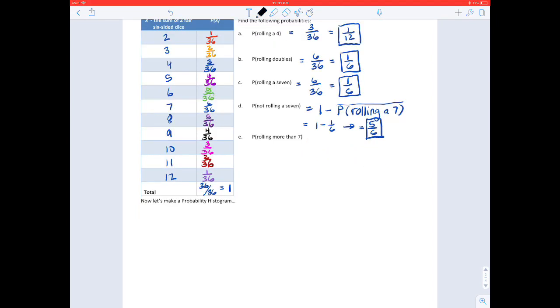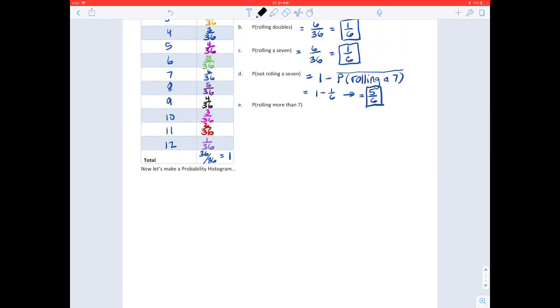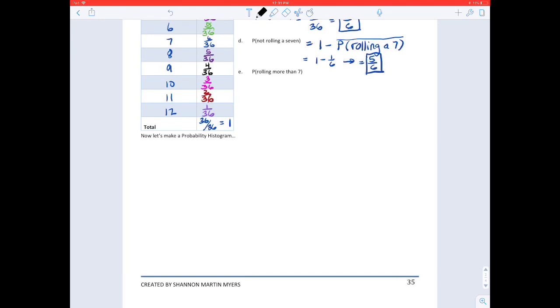Let's check out how we could make a probability histogram. With a probability histogram, it's going to look a little bit like a bar chart, but the context of our conversation here will let us know that it is a probability histogram, okay?